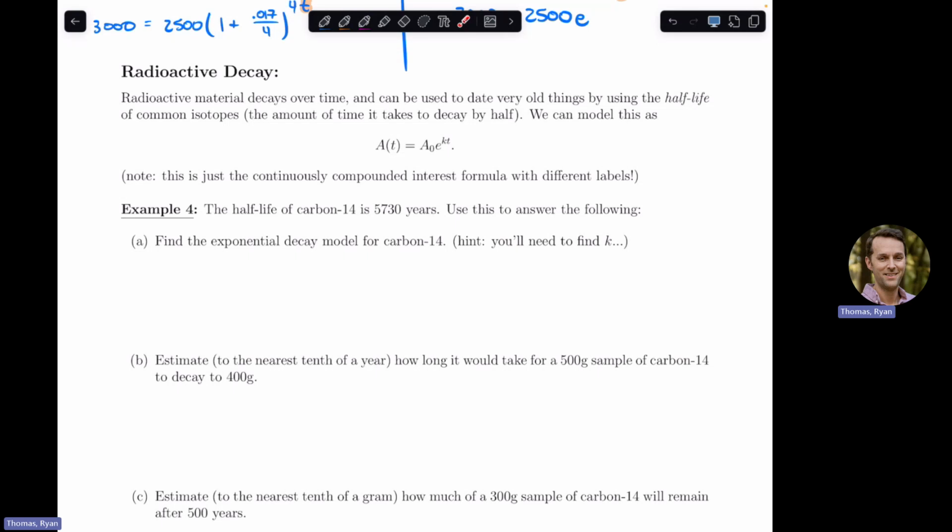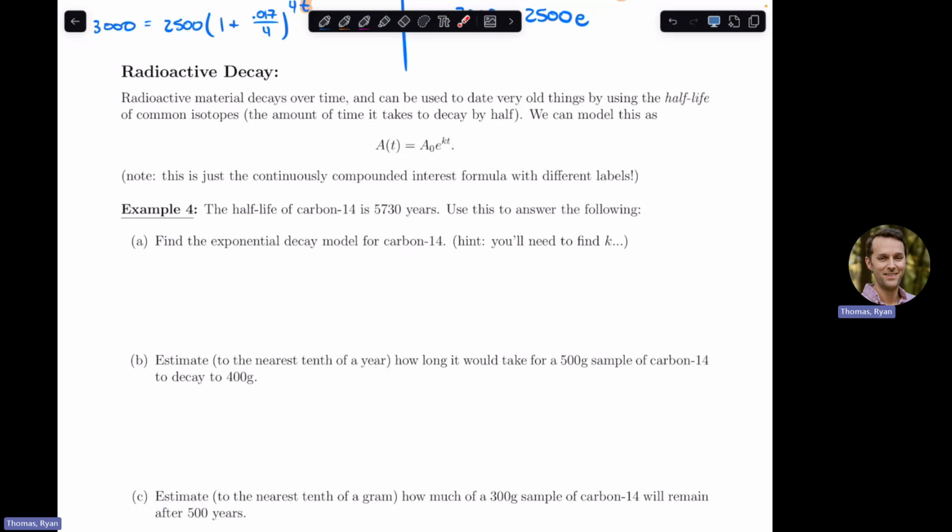So it decays over time, and that decay can be used for some things, right? One thing that they use it for is radioactive dating. So some archaeologist type finds a clay pot buried in the ground in Greece or something. They can measure the amount of certain things that are in it and know, okay, here's how much ought to be there, here's how much is actually there.